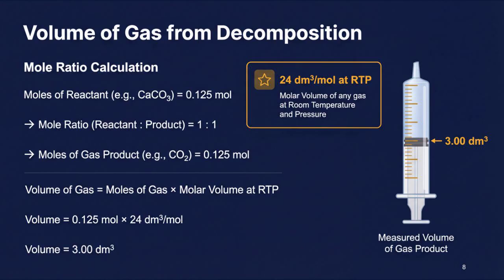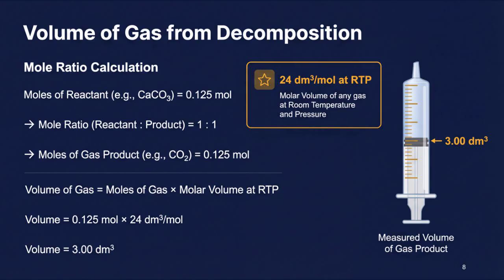Last one, when calcium nitrate decomposes, we need to find the total volume of gas produced. The equation shows 2 moles of calcium nitrate produce 5 moles of gas. So 1 mole gives 2.5 moles of gas. We have 0.050 moles, which gives us 0.125 moles of gas.